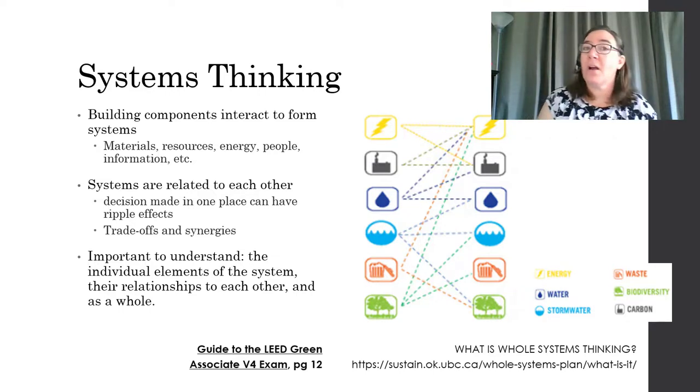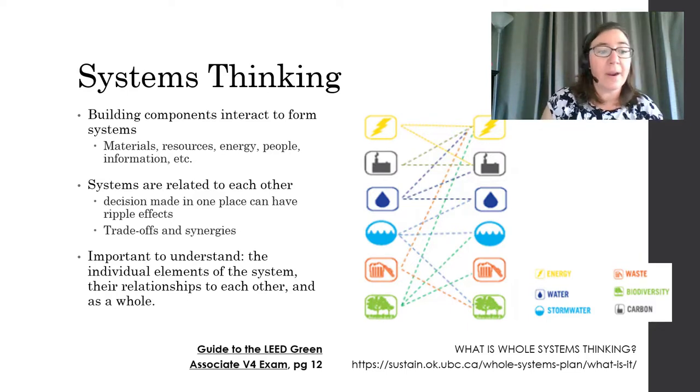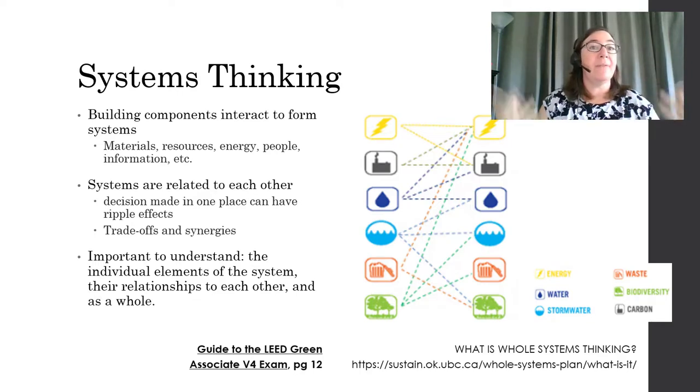There are going to be trade-offs, and there are going to be synergies, and we'll talk a lot more about those as your semester goes along. So it's important to understand that the individual elements of each system can have relationships to each other and will have an effect upon the whole.